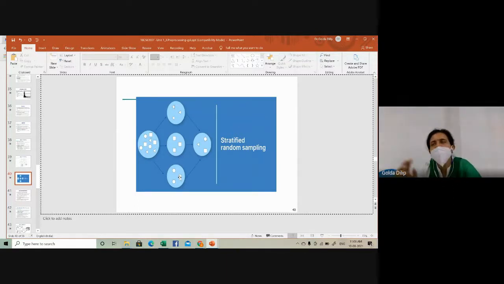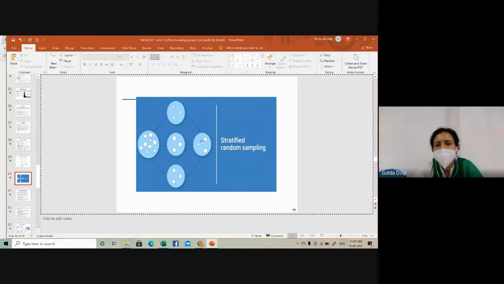The population can be divided into strata depending upon, maybe, the languages they speak, or the income category. One stratum represents the rich, another represents the middle class, and another represents the BPL, below the poverty line. So we have three strata.